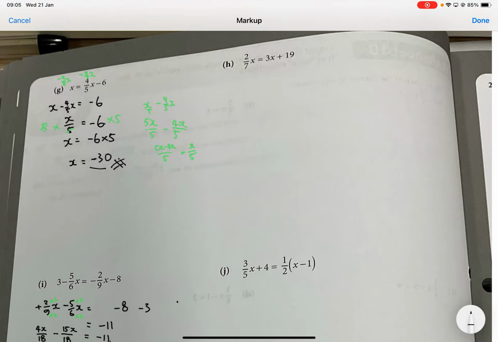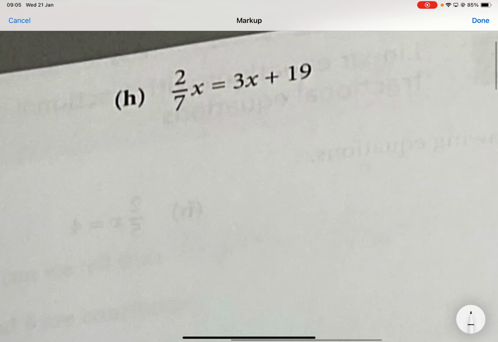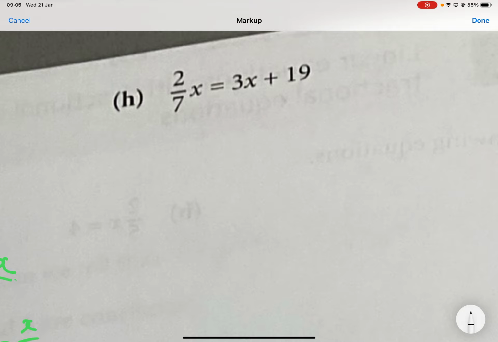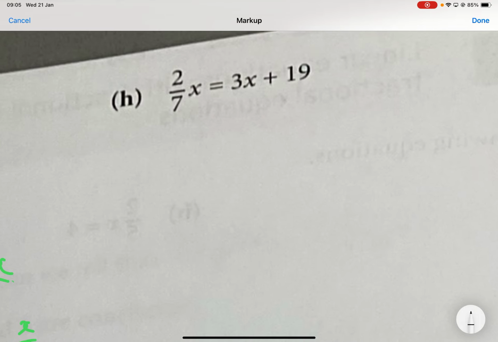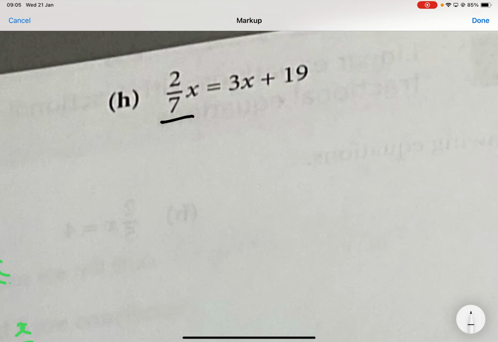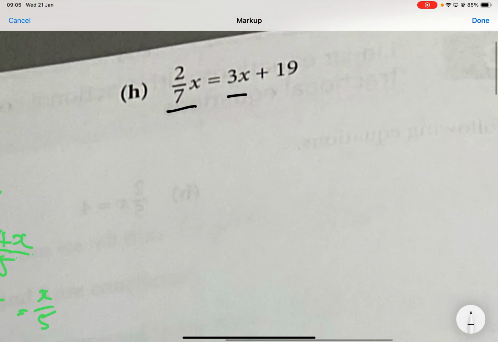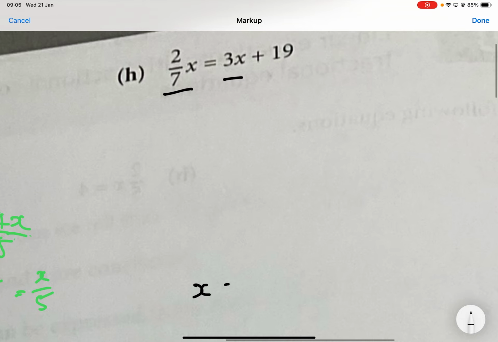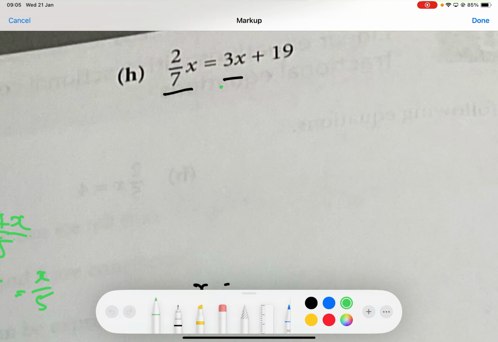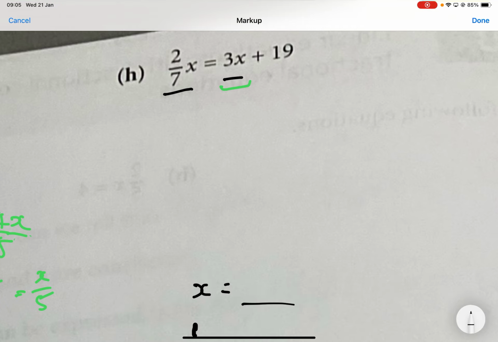Okay. If you cannot start, let me show you. You have 2/7x on the left. You have 3x on the right. But I know, finally, I want all my x to be on the left, all the numbers pushed to the other side. So I don't want my 3x to be on the right hand side. I want my 3x to disappear from the right hand side, because I only want x on the left hand side.